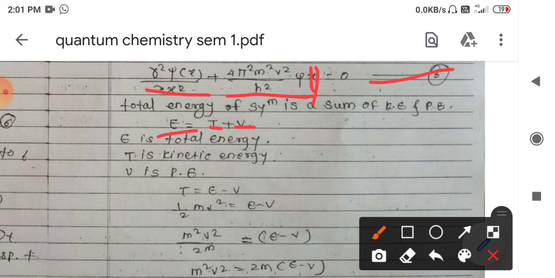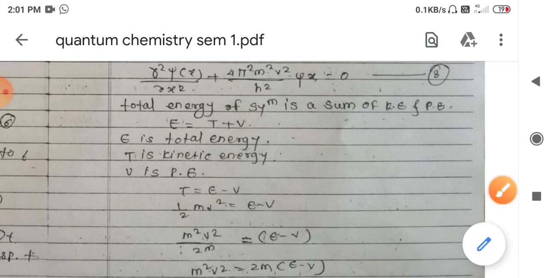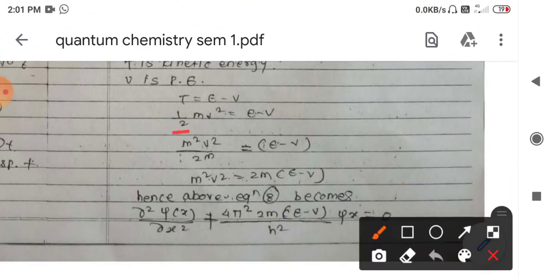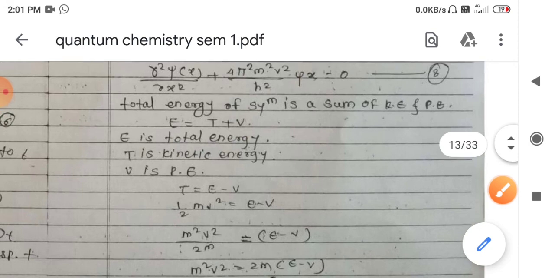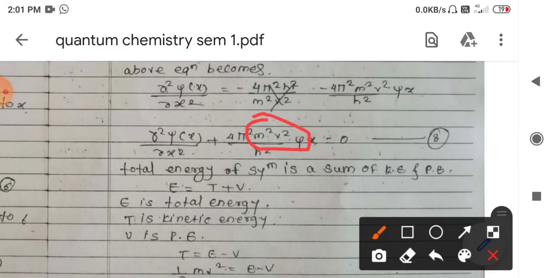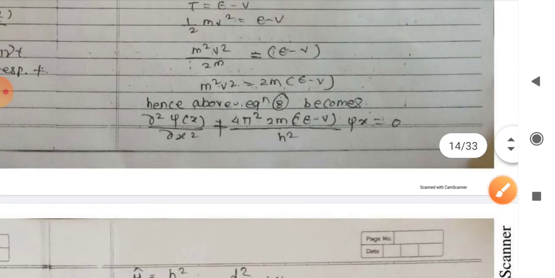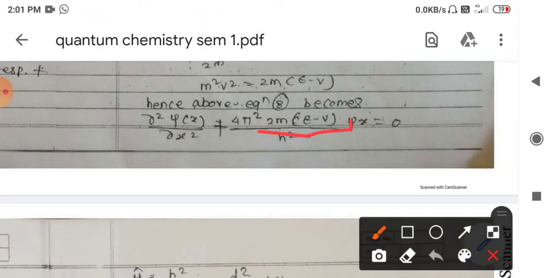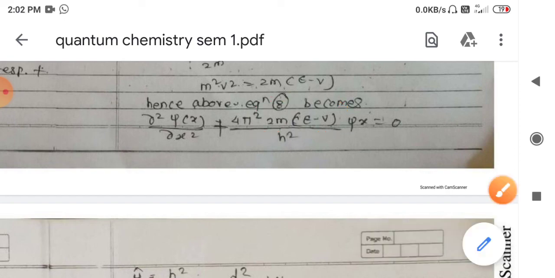So kinetic energy is total energy minus potential energy, and we all know that kinetic energy is 1 by 2 mv square, so it equals E minus V. We rearrange this equation by multiplying by m and dividing by m, so m square v square upon 2m will be E minus V. So for m square v square we can substitute the value 2m into E minus V.